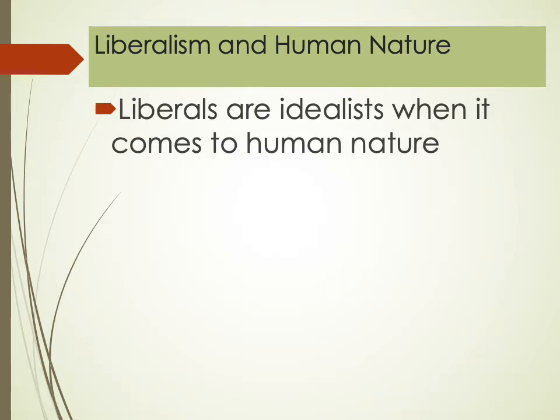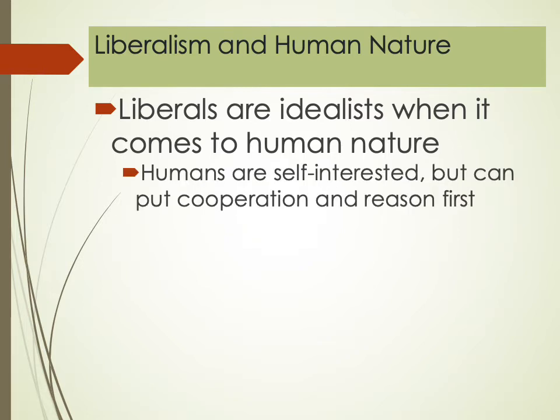Liberals have a different take on human nature. While conservatives are more realist, liberals are more idealistic when it comes to human nature. They do accept that humans are self interested, like conservatives, but they also think that humans are able to put cooperation and reason first, particularly if they're encouraged to do it.